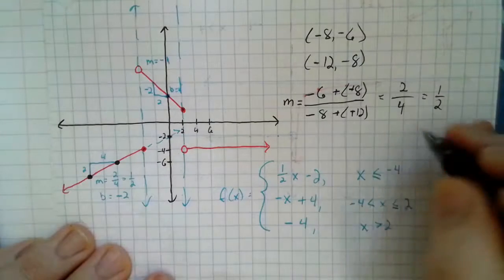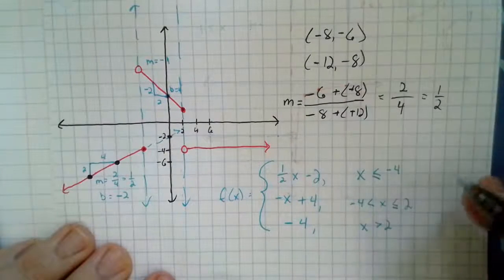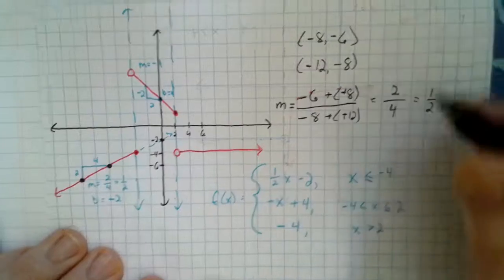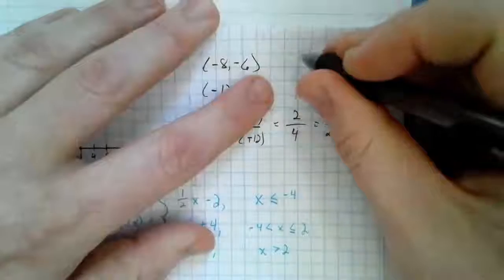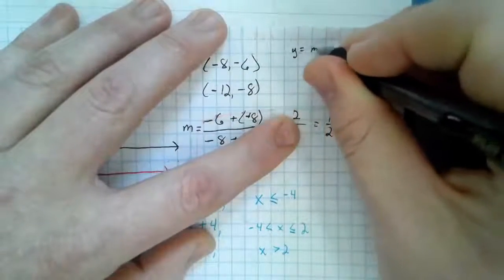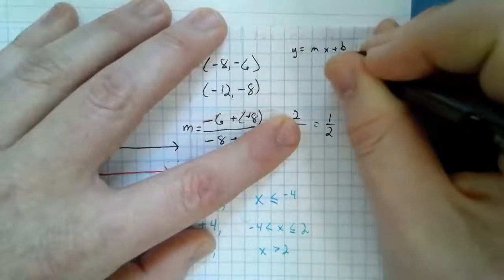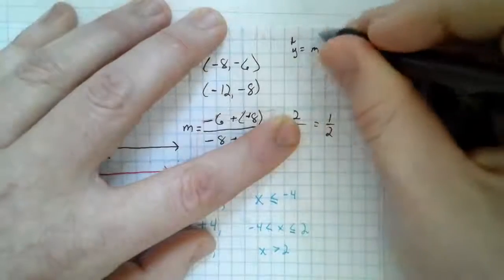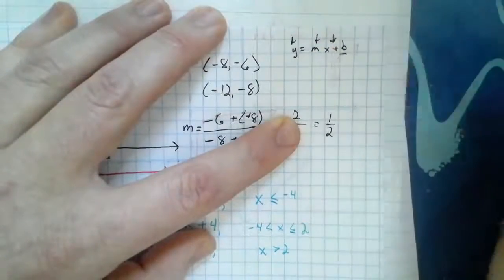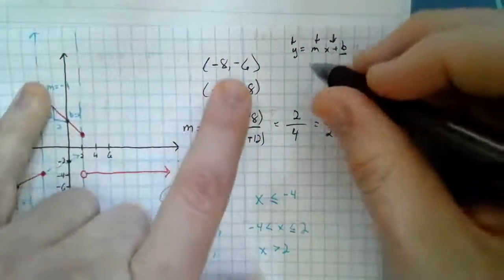Now to find the y-intercept, I know the slope, I know one of the points, I can go to my equation, right? So here I'll go ahead and say, well, y equals mx plus b, and I want to solve for b. If I want to solve for b, I have to plug in for y, m, and x, okay? So here, just use this point.